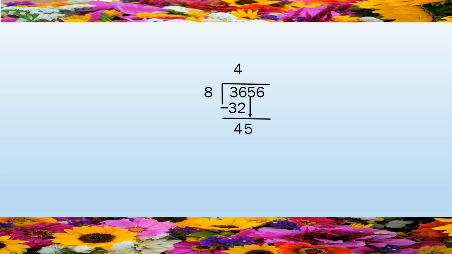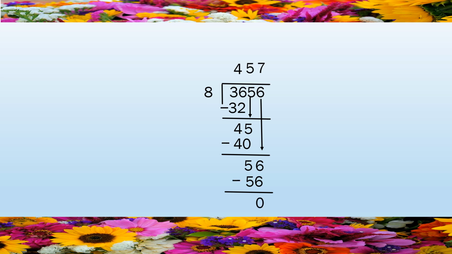So how many times 8 is there in 45? 5 times 8 is equal to 40. So we subtract this. 45 minus 40 is equal to 5. Bring the next number down. 56. So 7 8s are 56.